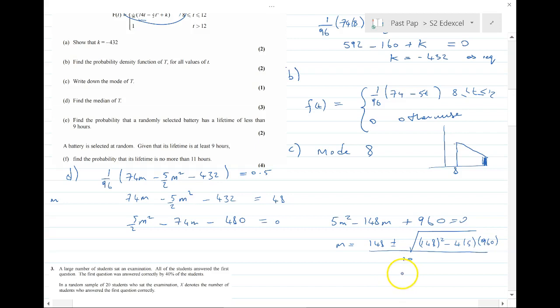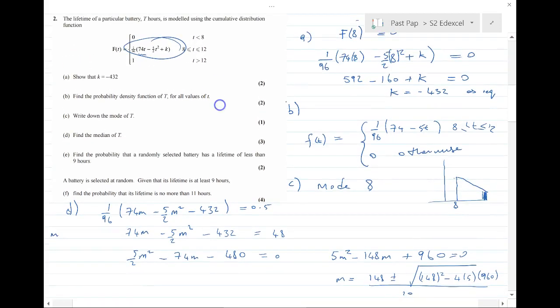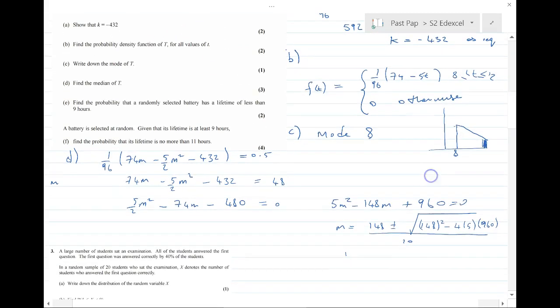Now you get two values there, but one of the values is 20, I believe, which doesn't lie within our range, so it can't be 20. So the one that's actually relevant is 9.6.